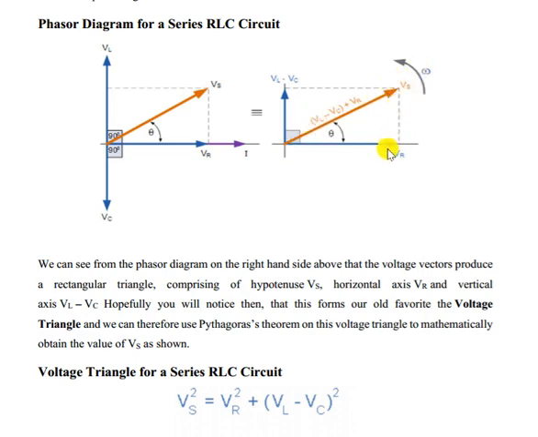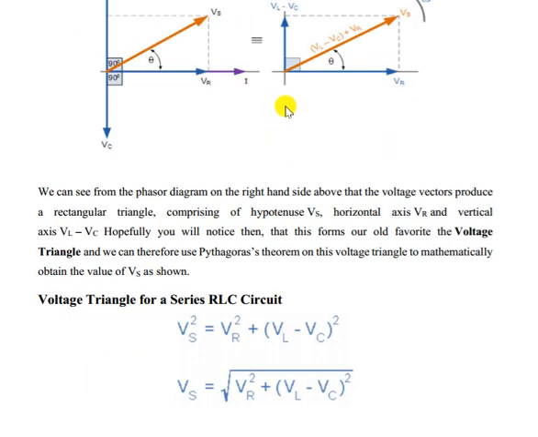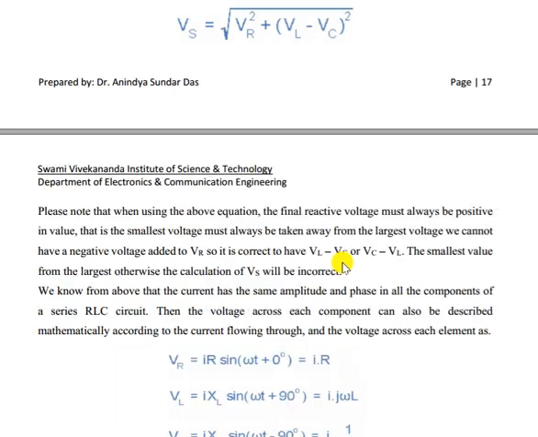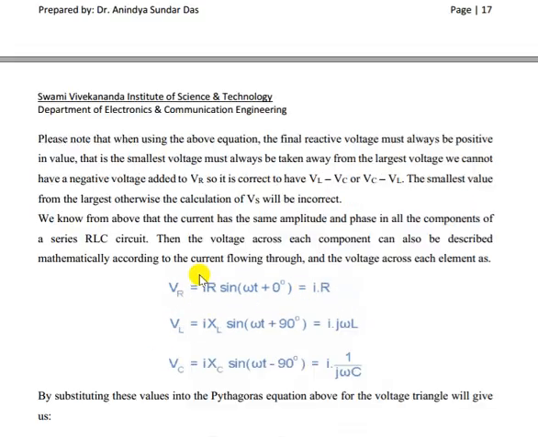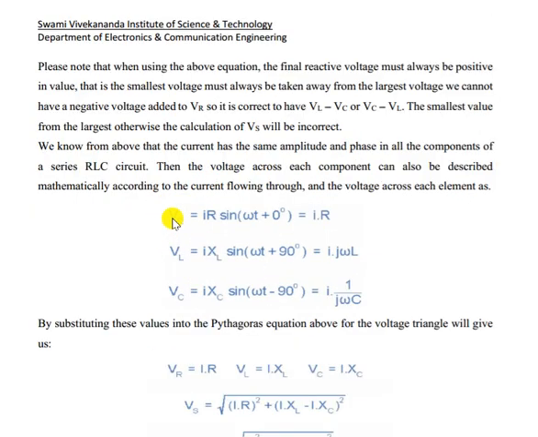Okay, that will be Vs square equals to what? We can write VR square plus VL minus VC whole square, or Vs equal to root over of VR square plus VL minus VC whole square. Okay, so in that case what we can write, that VR is nothing but IR sin omega t, angle is 0, or IR.